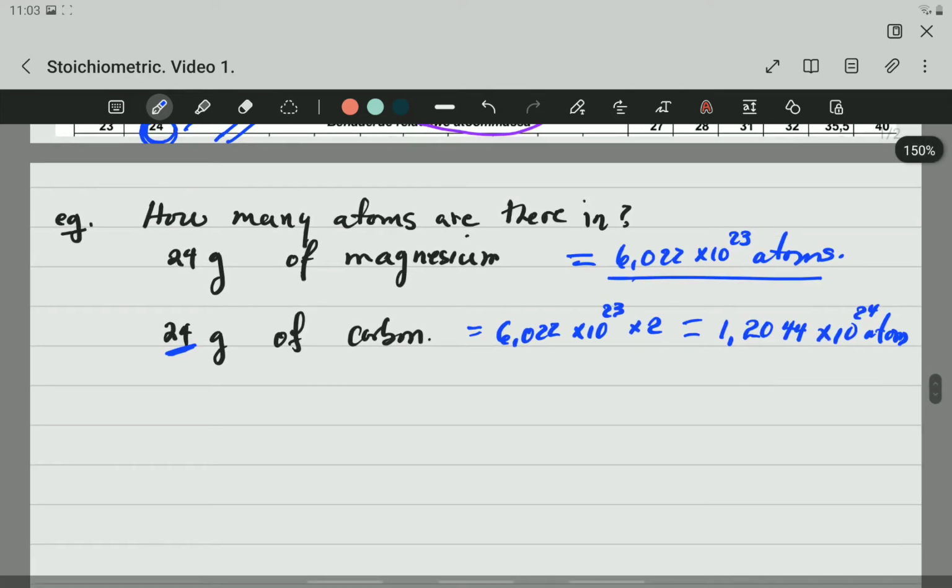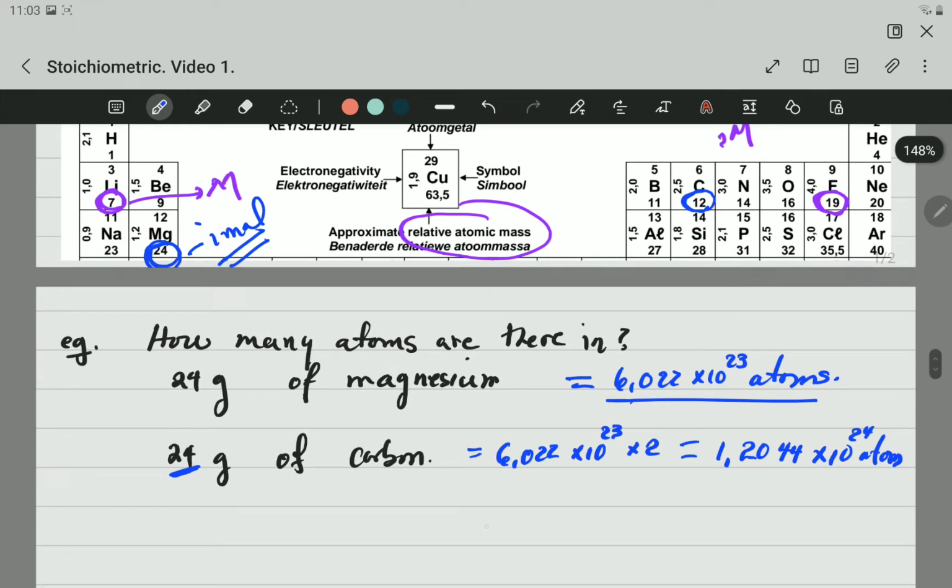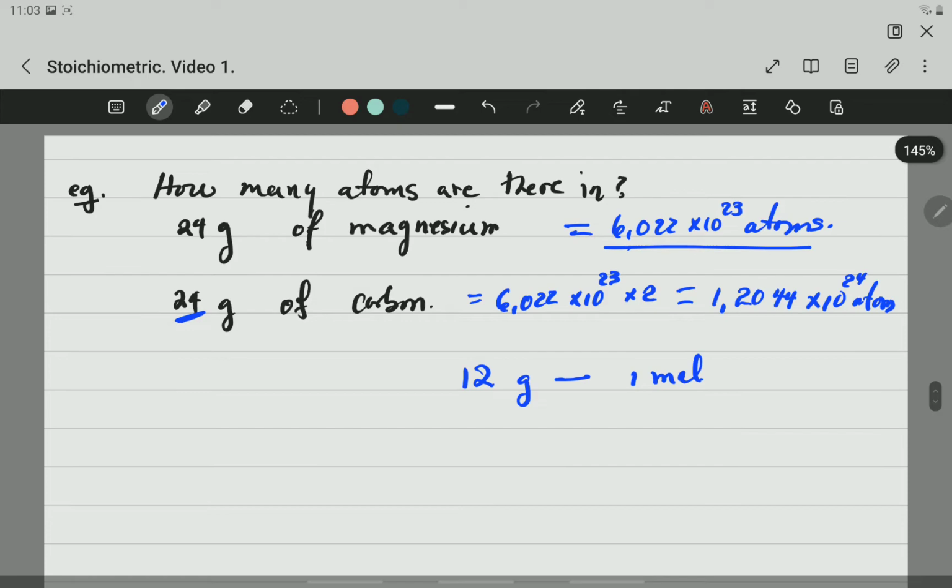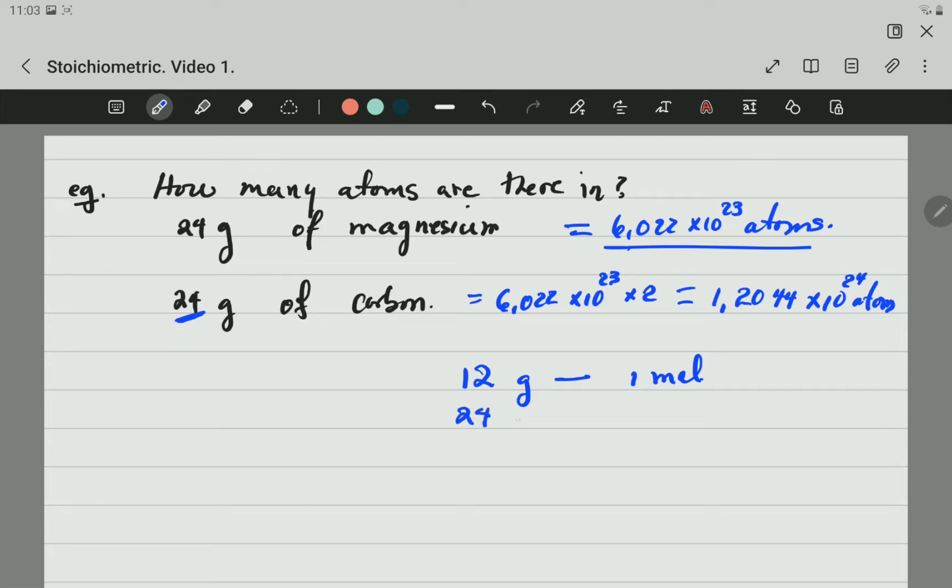Now, another option to do it, which is much better, if I were you, I'll do this one. I'll come to the periodic table and say, okay, 12 grams will represent 1 mole. And 24 grams, how many moles will that be? Here it's a whole number so it's easy, but sometimes it's not.